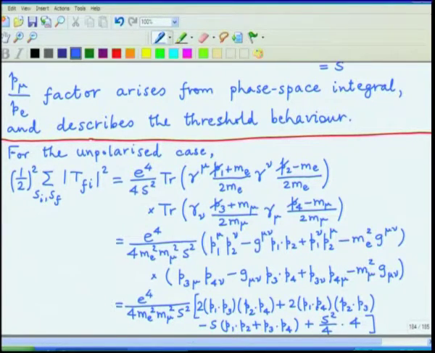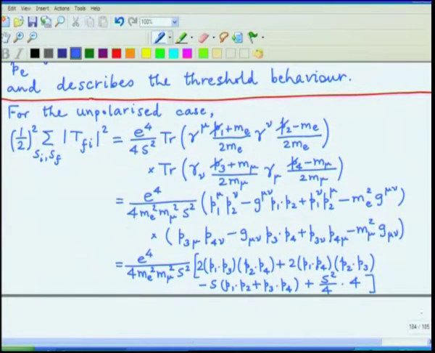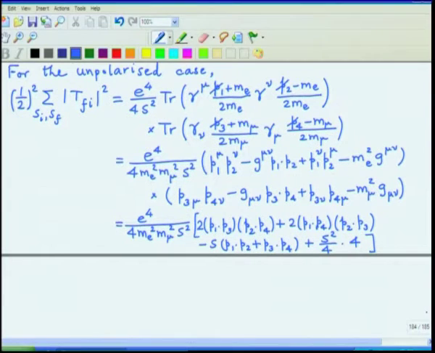So, that is the result, and it can be simplified further to the form where the various dot products can be explicitly evaluated in terms of the angles.